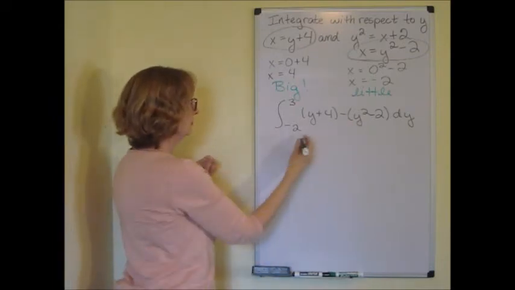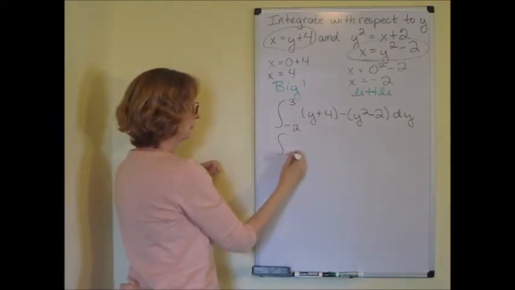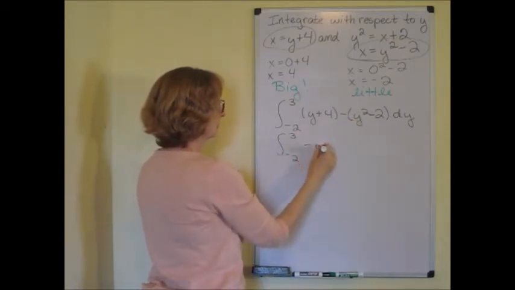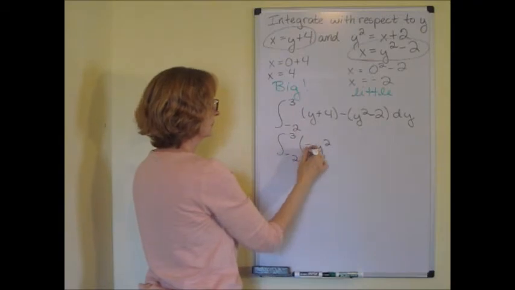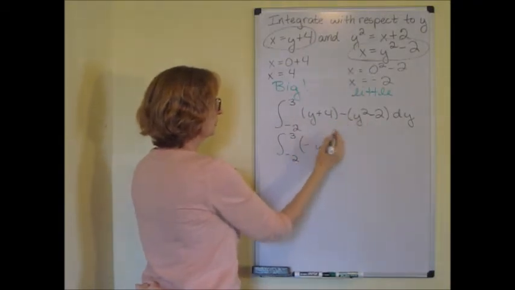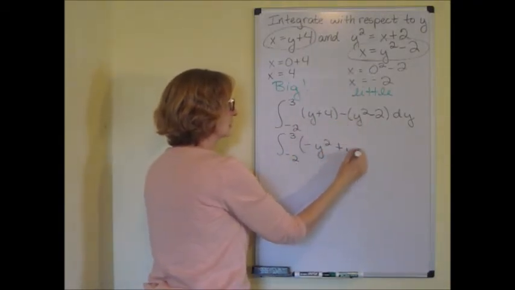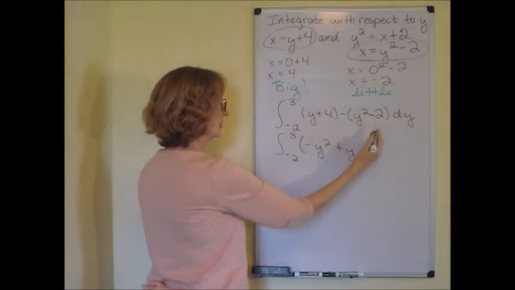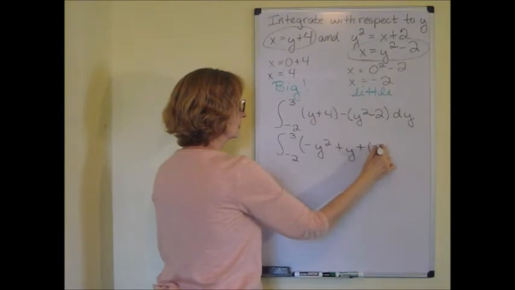Let's distribute. That'll give me negative y squared plus y. And then 4, this will be a plus 2, is 6, dy.